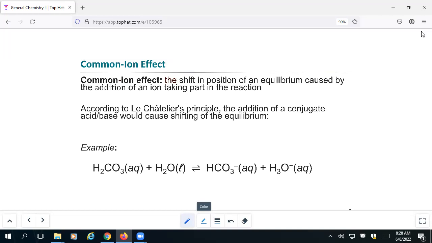So what do we know about the common ion effect? Well, we know that it's a shift in equilibrium caused by the addition of another ion into the system. So let's take this reaction system here at the bottom, for example.